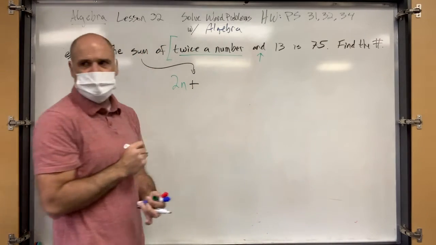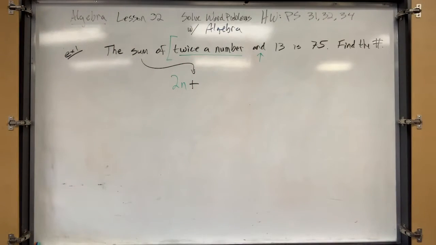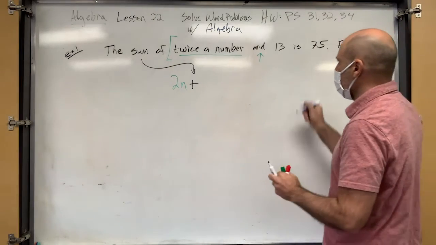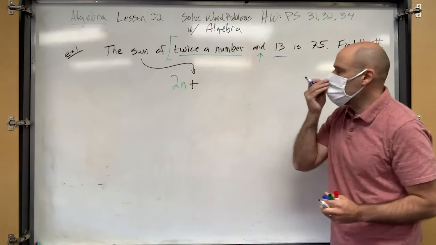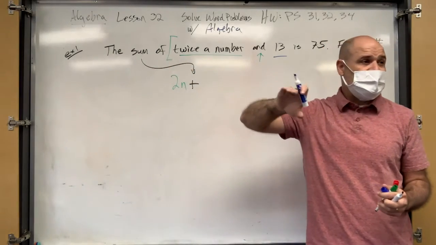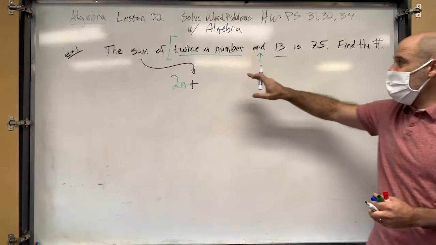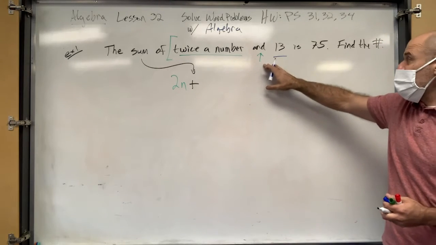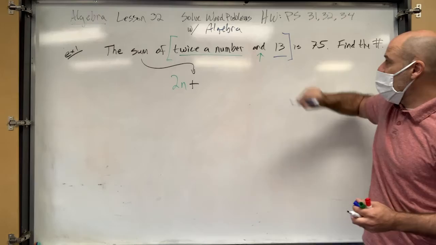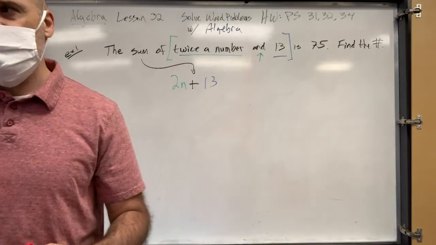That goes on the left. It doesn't have to, but let's read it left to right. And then how do you say 13? So after the word of, you see your first thing to add, then the word and, then the second thing. So that's 2n plus 13. So far, so good?